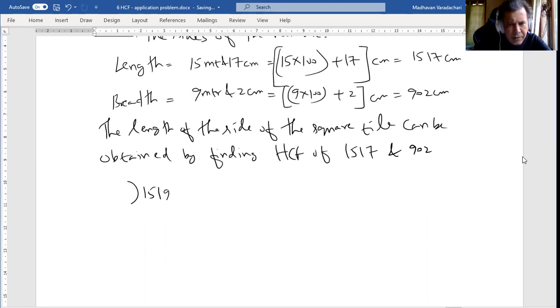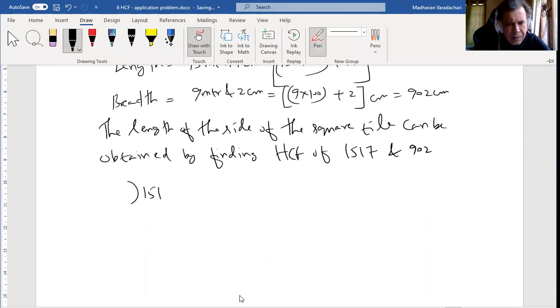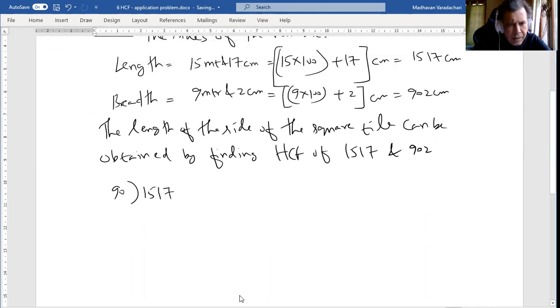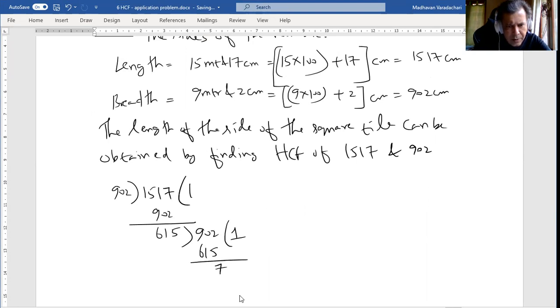1517, 902: the highest number is divided by the least number. The least number is 902. So here it is 902 into 1517, and the remainder is 615. Again, 902 will get divided by 615, and the remainder is 287.